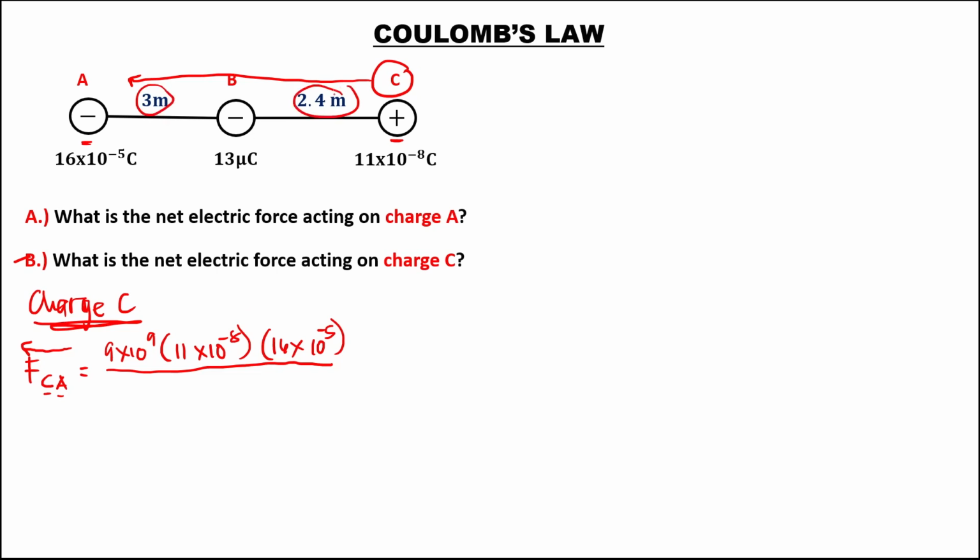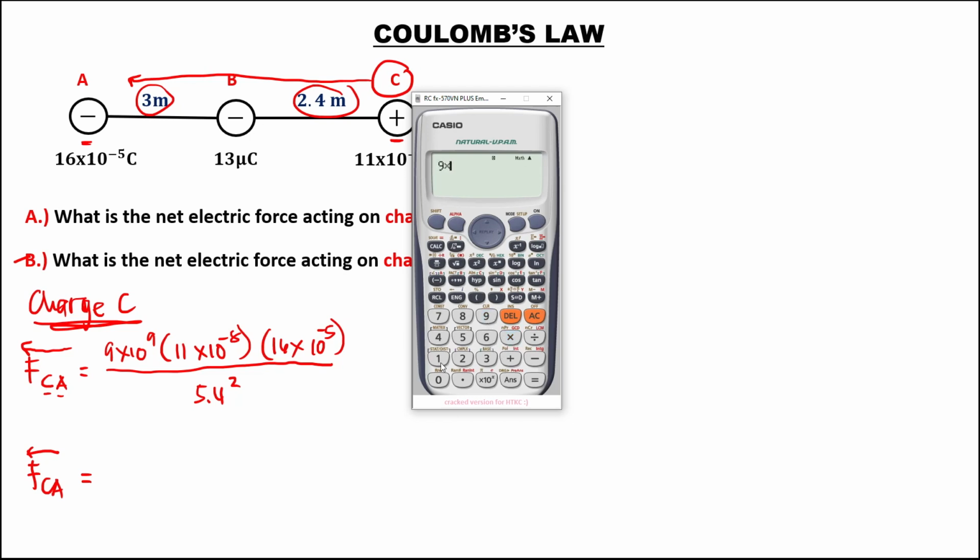So add these two distances. That's 5.4 to the power 2. Then to find now the force between C and A, again this force is to the left. So we have 9 times 11 times 16 equals, then divide by 5.4 to the power 2.